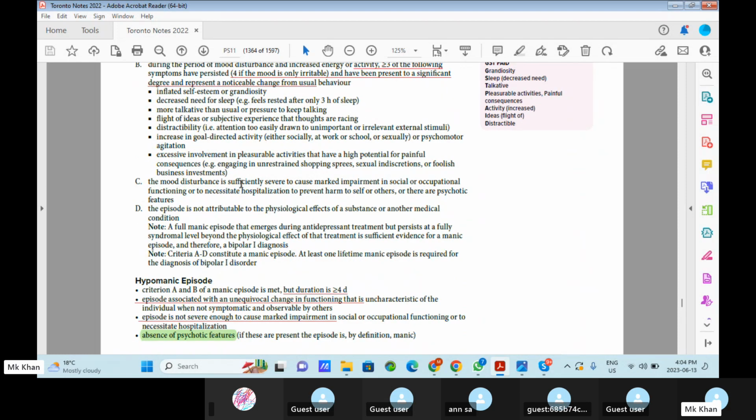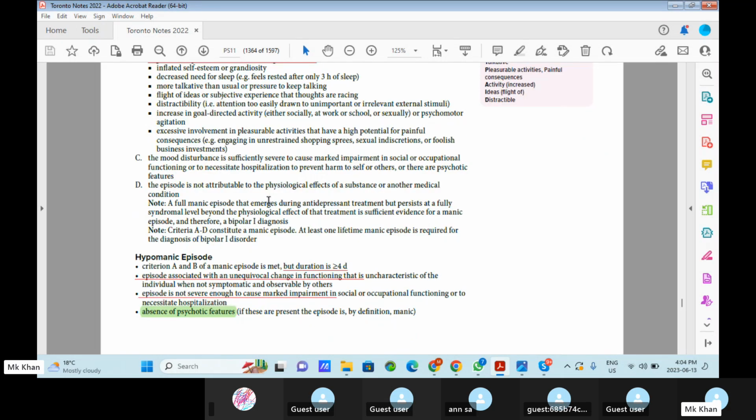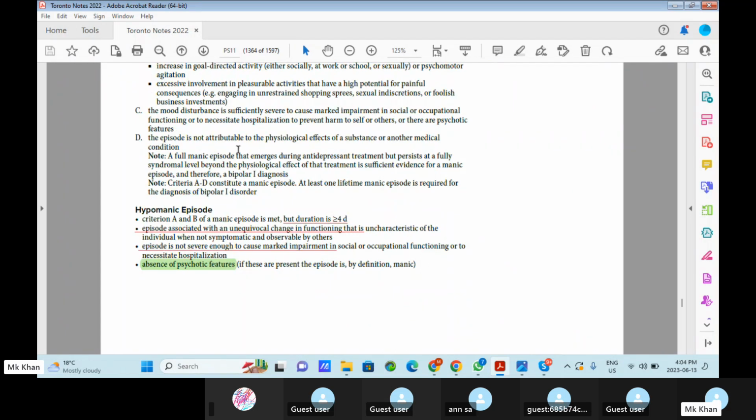And then the mood disturbance is sufficiently severe to cause marked impairment in social or occupational functioning. This is important; this criterion should be met. The functioning should be impaired, and it is not attributable to the physiological effects of a substance or other medical conditions, so this should be ruled out.